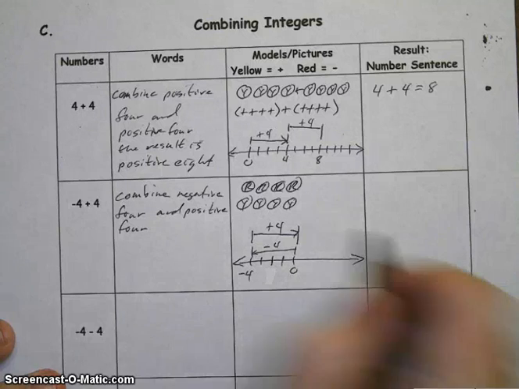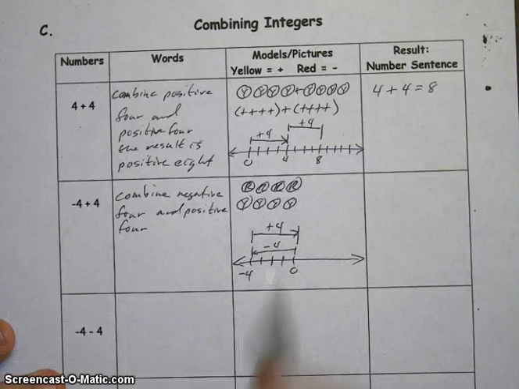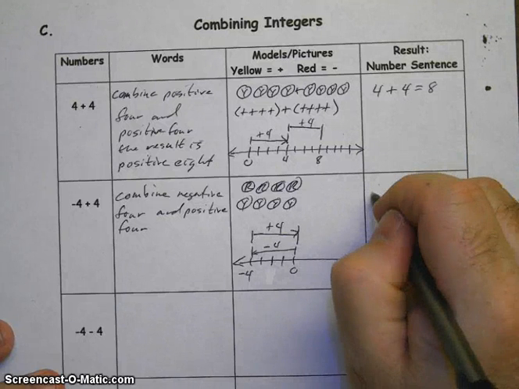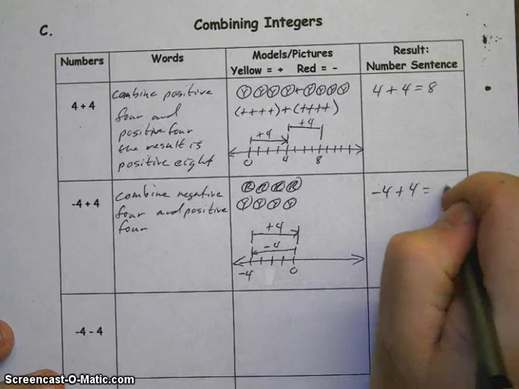So we can see on the number line a little bit easier that when we do negative 4 with positive 4, the result is 0. So negative 4 and positive 4 equals 0.